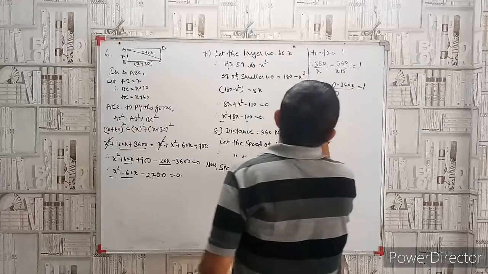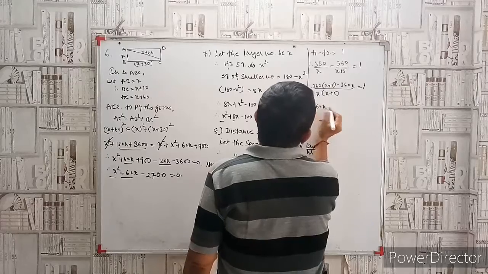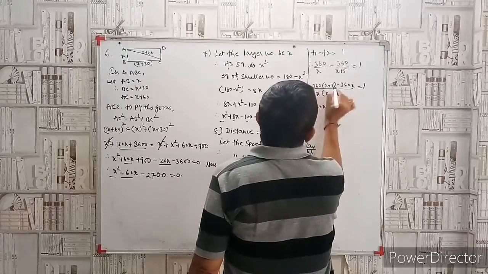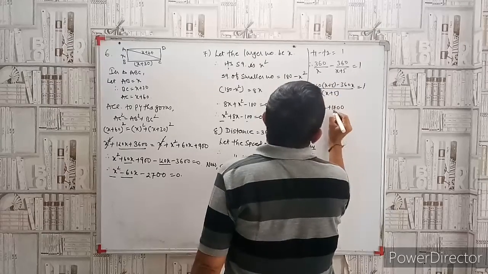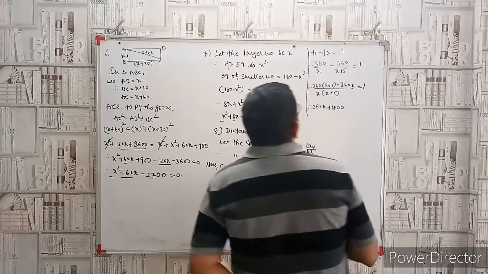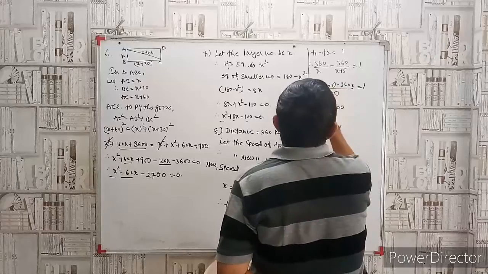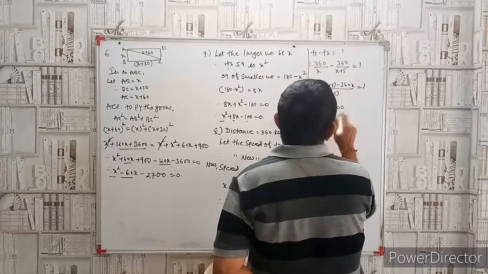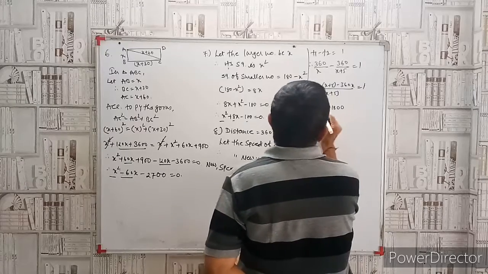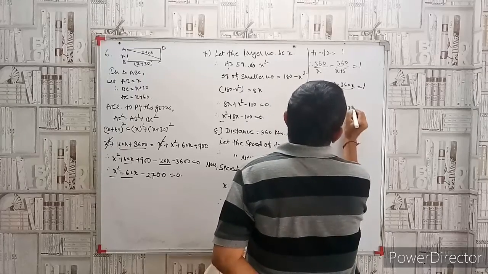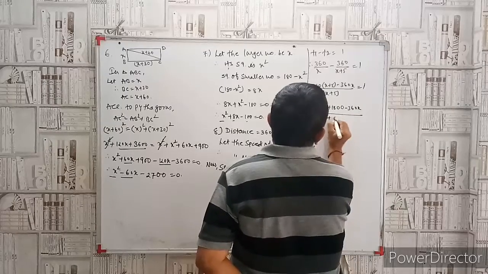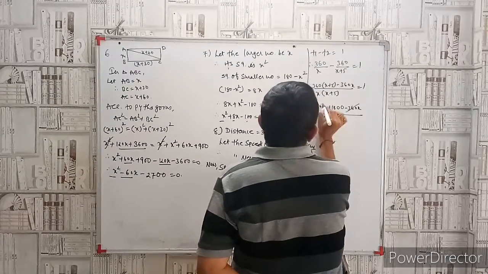This is 360x plus 1800 minus 360x upon x square plus 5x.